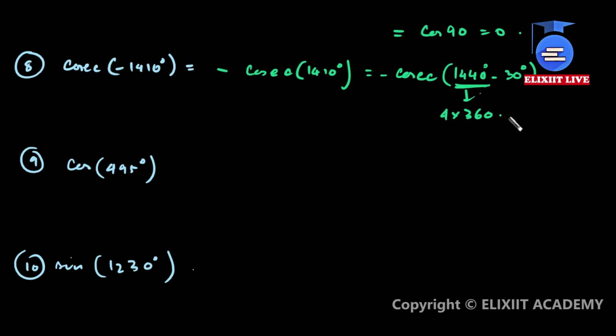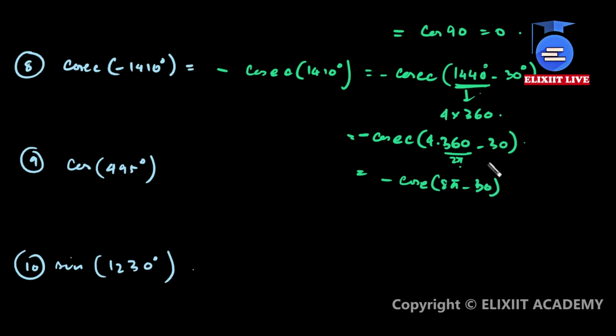So this is actually cosec of 4 times 360 minus 30, and the minus sign was there. So minus cosec 4 times 360 minus 30. 4 times 360 means 2 pi times 4, so minus cosec 8 pi minus 30.